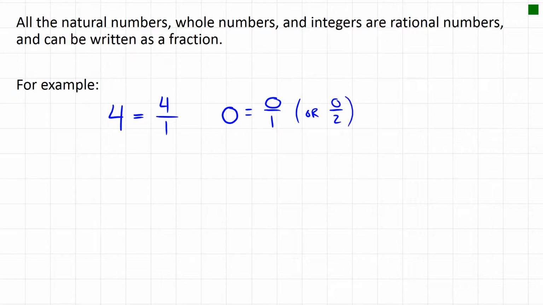And similarly, if we had something that was just an integer, like negative 11, we could write that as negative 11 over 1, or 11 over negative 1. So all of these are rational numbers because you can write them as fractions where the top and bottom of the fraction, numerator and denominator, are just integers.